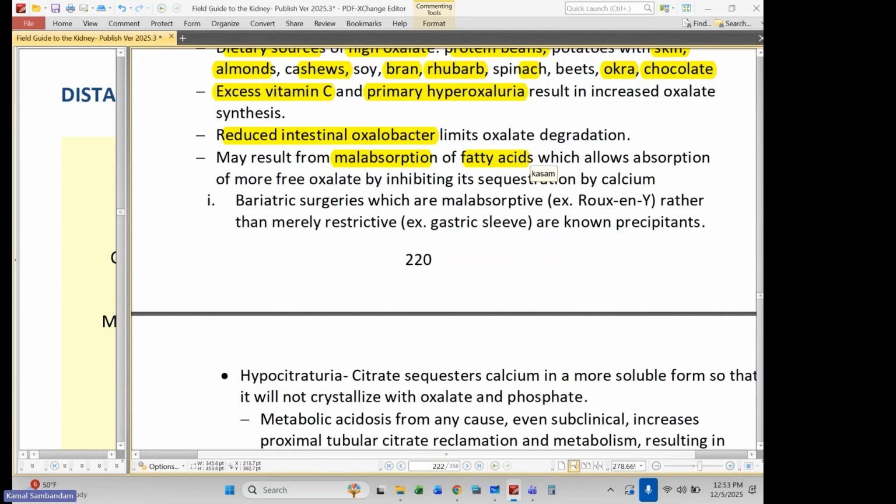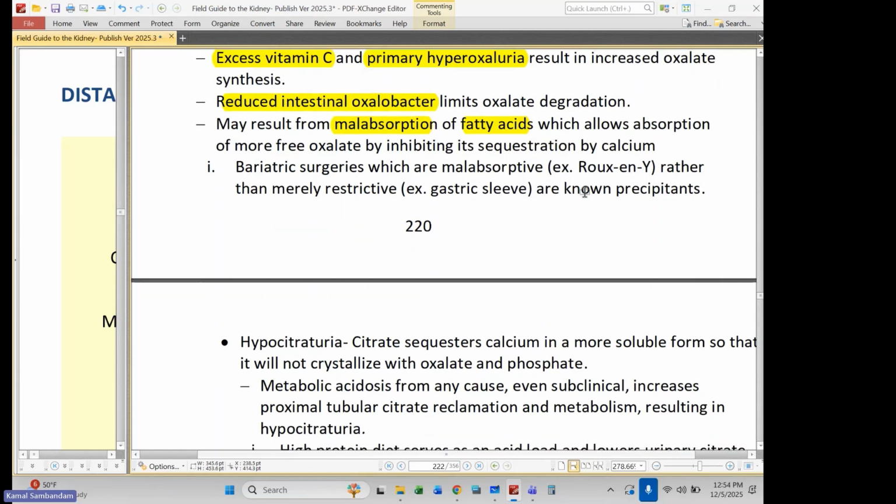Gastric restriction has some loose association with kidney stone formation, and that may be simply because they can't drink as much, because they can't tolerate large amounts of things in their stomach. But by and large, the risk factor is the bariatric surgery with a Roux-en-Y. Okay? Why? That's because it's not just the restriction of the distension of the intestinal tract, but it's actually the fatty acid malabsorption that causes the problem, right?